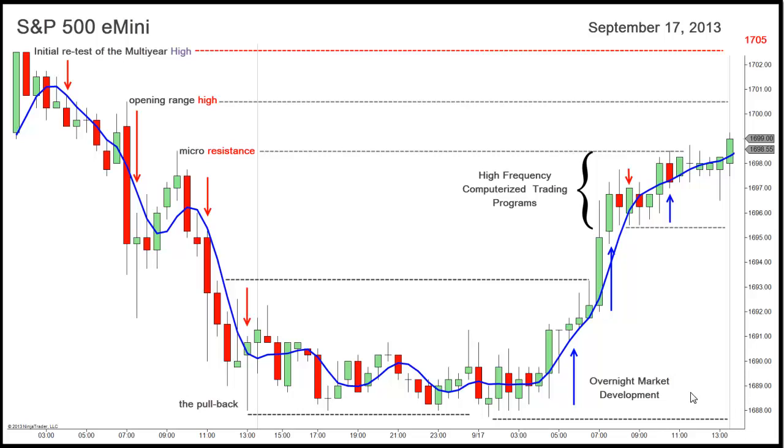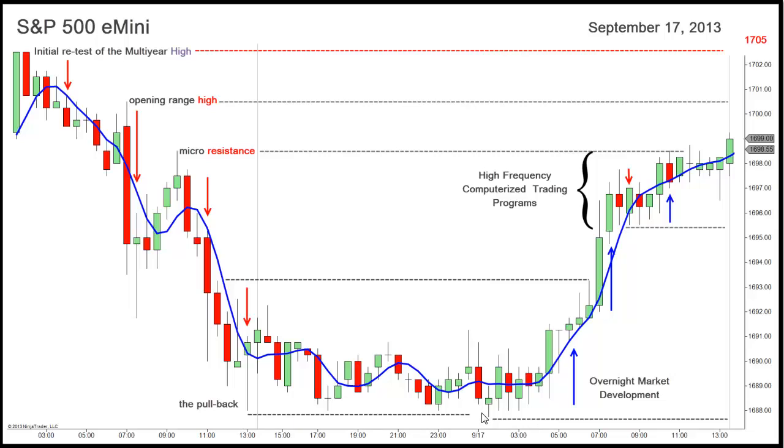Ideally, we would have liked to have seen the S&P trade back down to Friday's close at 1682 and or last week's high at 1684 and retest support at the breakout point. However, during the overnight session, the S&P pulled back no further than Monday's low.